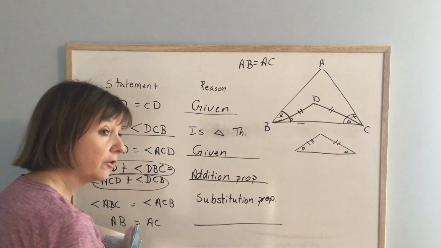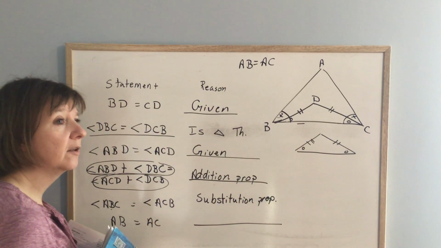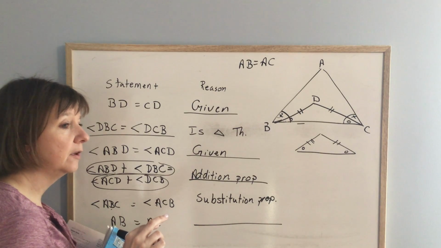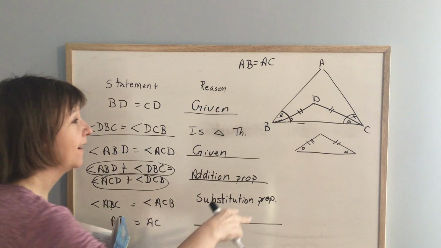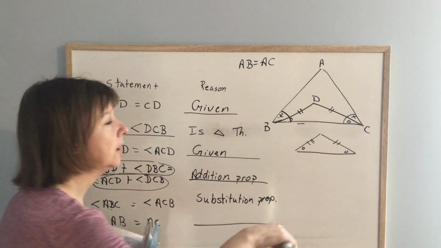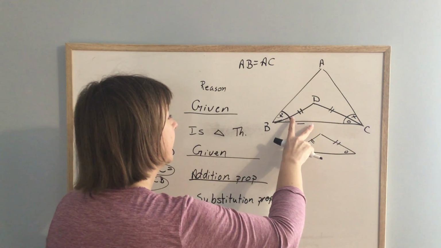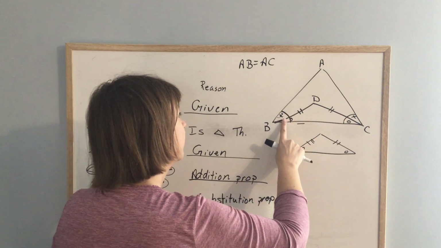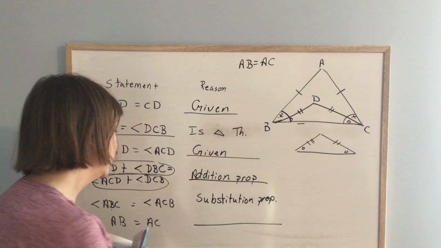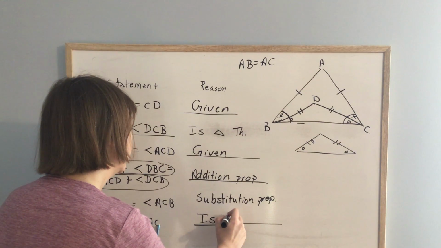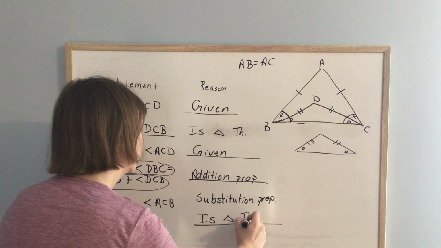But you can reverse that. You can do what is called, oh shoot, I can't remember the name. Anyway, but you can do the reverse of that. The word will come to me. Then if the two opposite angles are equal, then the opposite sides are also equal. So that would be the isosceles triangle theorem.